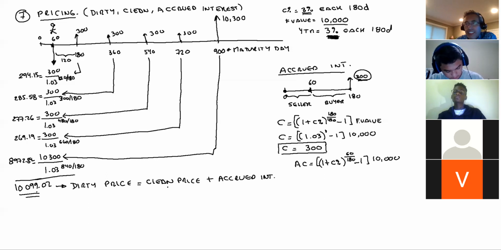Got it? So please, careful, for the accrued interest, I'm using the coupon rate. So can you tell me this value? Can you compute this value, please? So the coupon rate is 0.03. So this is basically 1.03 to the power 60 over 180 minus 1 times 10,000.